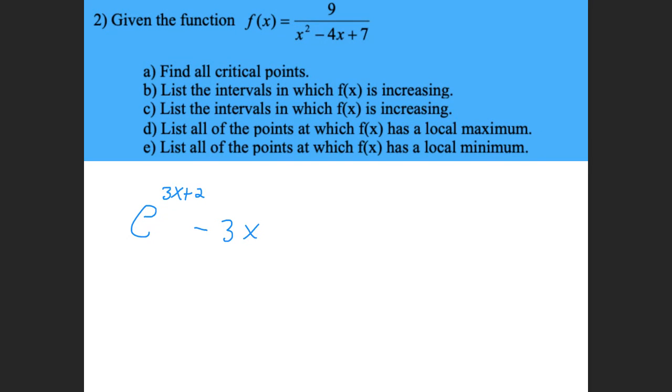Okay, what is the derivative of that? Three e to the 3x plus 2 minus 3. I agree with you.